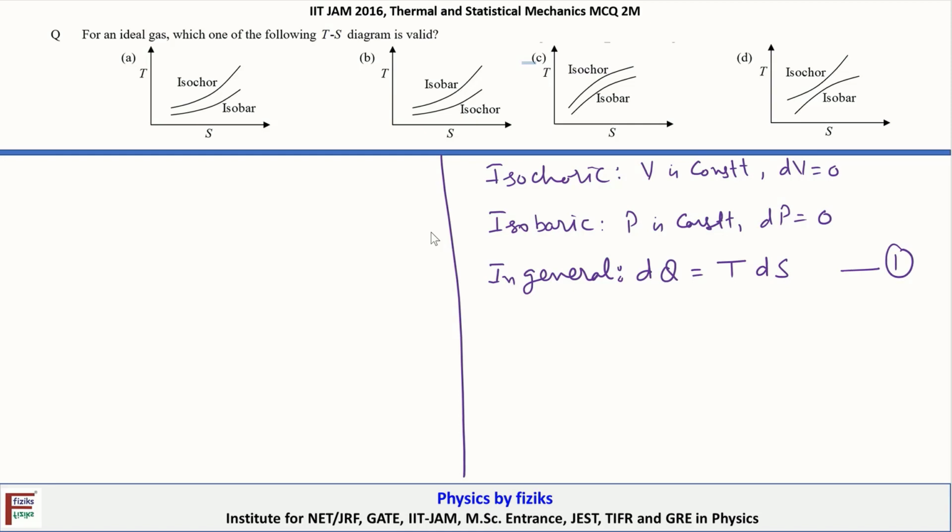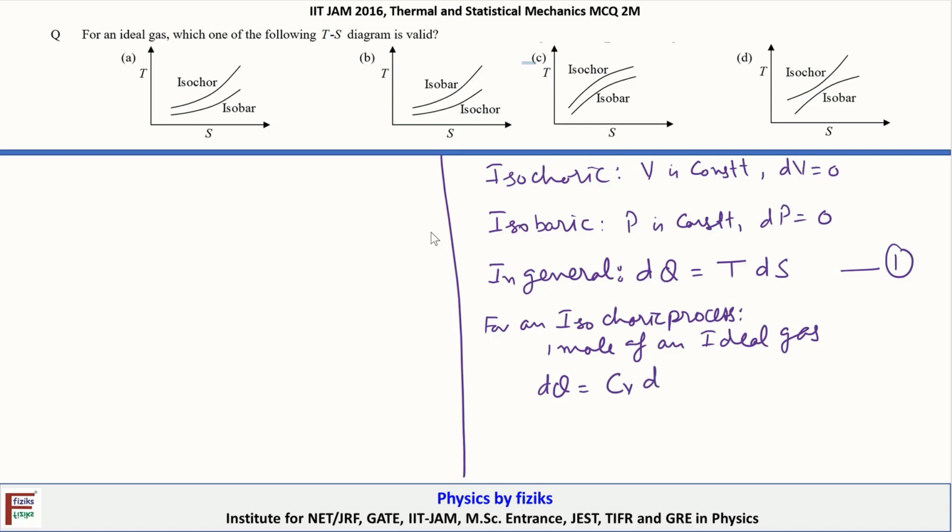Now when the process is isochoric in nature, for an isochoric process and with 1 mole of an ideal gas, I can write dQ equal to n Cv dT, and because n we have taken as 1, it is simply Cv dT.